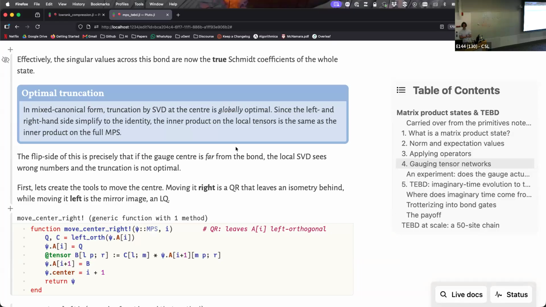I just take this extra tensor, multiply it into the next site, and go from there. Of course, this gives me a new MPS tensor, which by QR decomposition gives the next Q and the next R. And I just absorb this new R into the next site.